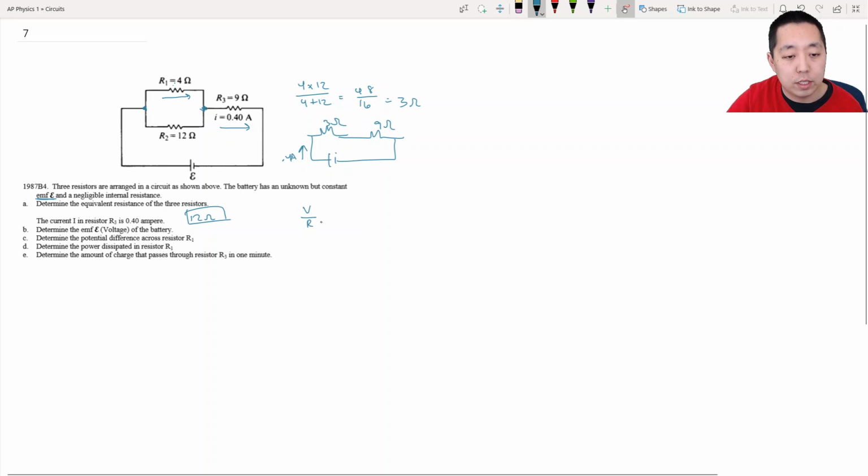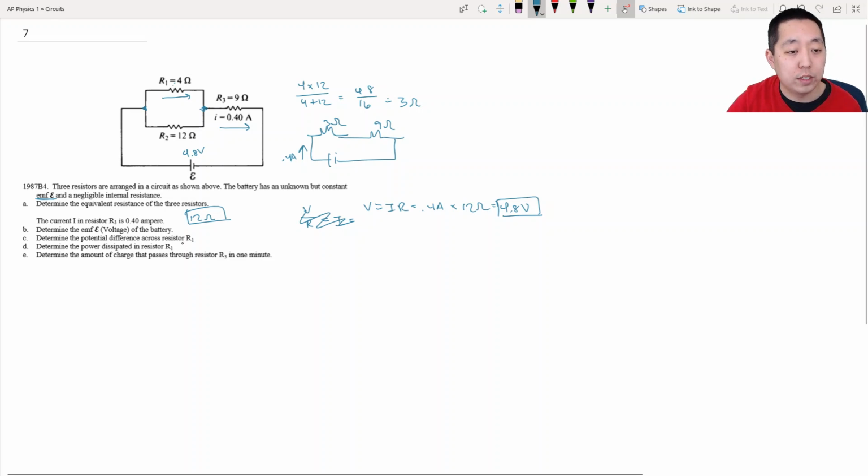I want to find V. V is equal to IR, right? It's 0.4 amps times 12 ohms. So that's 4.8 volts. So now I know it's a 4.8 volt battery.